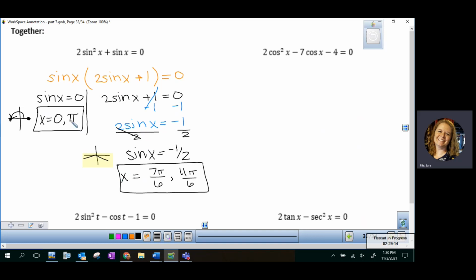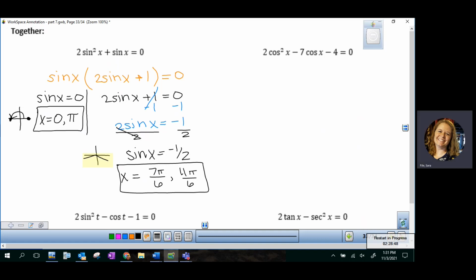So that one has 4 solutions. You feel okay about that one? I think GCF is going to be okay, because we've actually done some greatest common factor with trig already when we were doing our identities. We did some of that factoring with a greatest common factor.